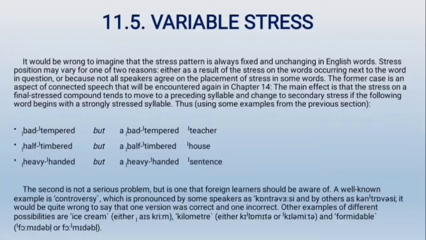A well-known example is controversy, which is pronounced by some speakers with stress on the first syllable and by others with stress on the second. It would be quite wrong to say that one version was correct and one incorrect.